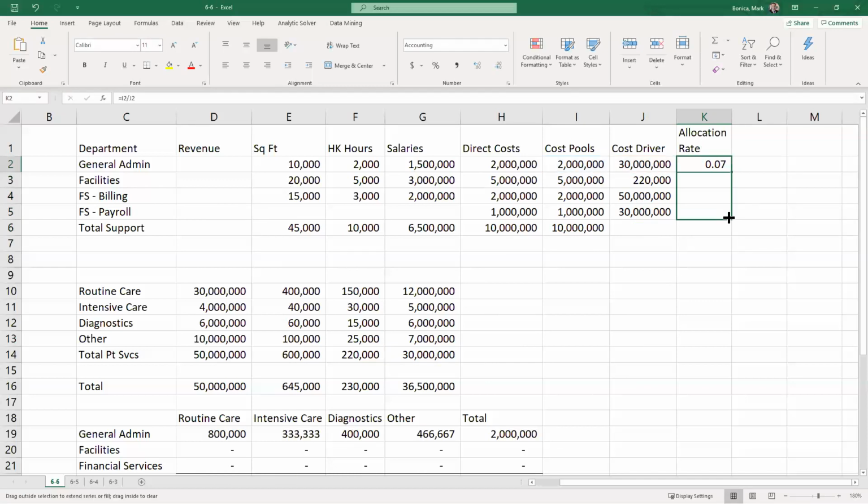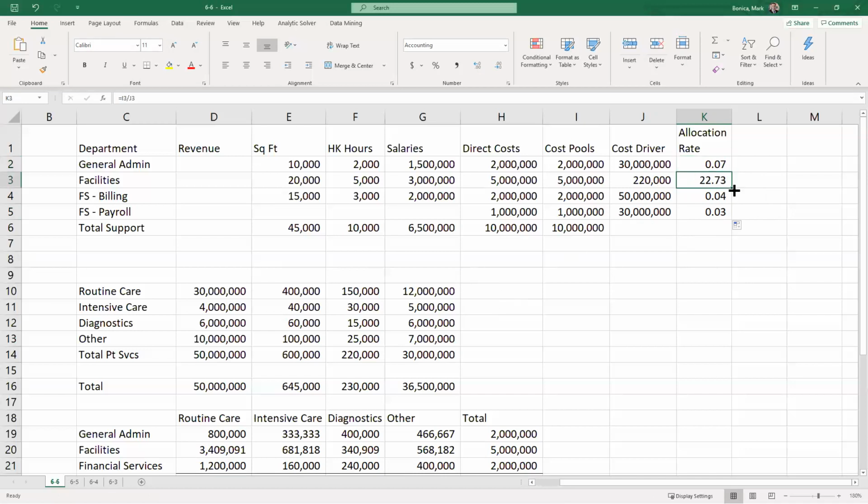And I can just copy that down thanks to the magic of Excel. So I wind up with 7 cents of general administration per dollar of salary, $22.73 of facilities charges for every hour of housekeeping, 4 cents per dollar of bills, or of revenue, goes to billing, and a 3-cent charge for every dollar of salaries goes to fund payroll.